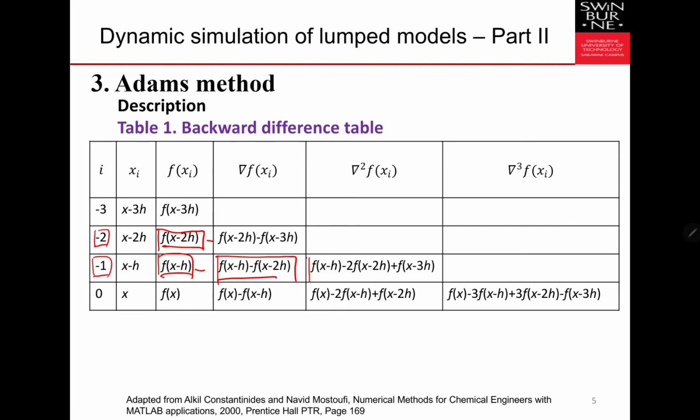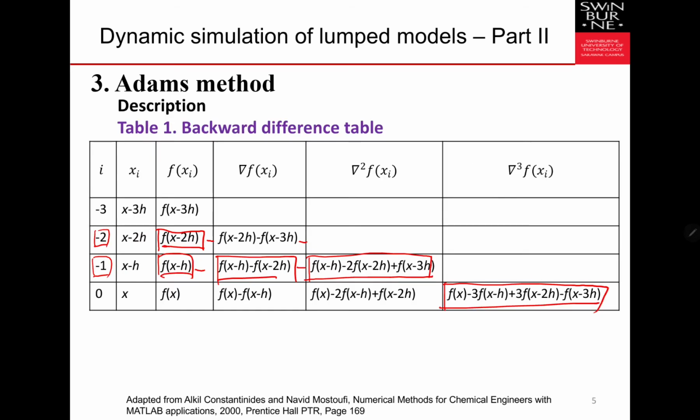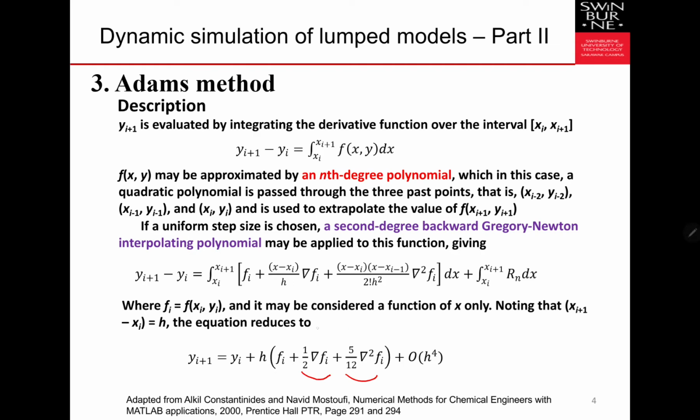Okay, likewise, this delta of the second order will be this minus this. Okay, and so on and so on. So we can change this particular formula in here using a backward difference table shown in here.